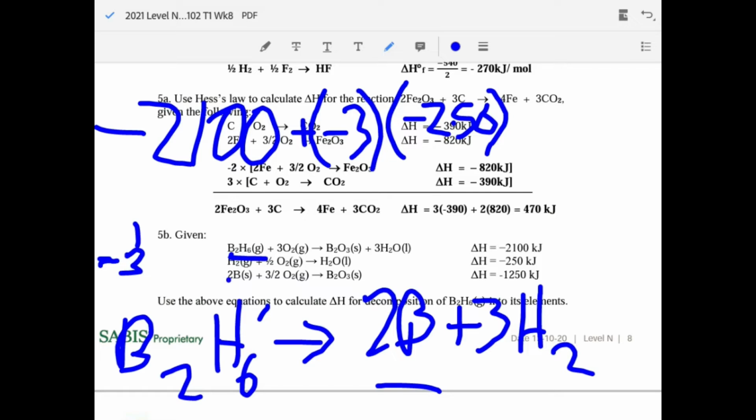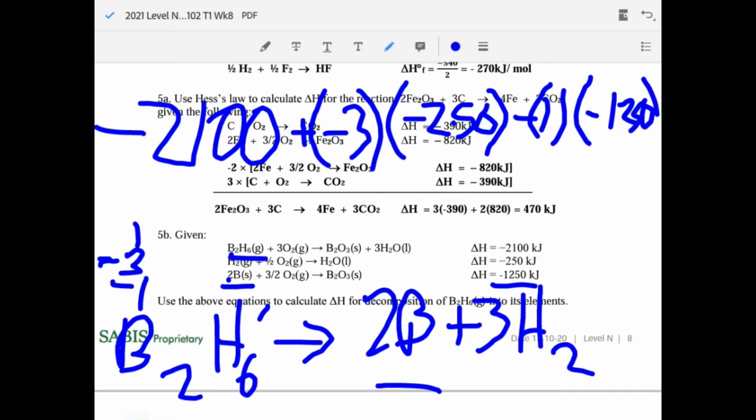You don't have to. You can just go along the list. So boron, you need it on the product side, and it seems to be already matched with 2. So you just multiply by minus 1. So minus 1 into minus 1250. And then you solve it in the calculator, you'll get the answer. But just to make sure, you should always try to make sure that the products align with the reactants.